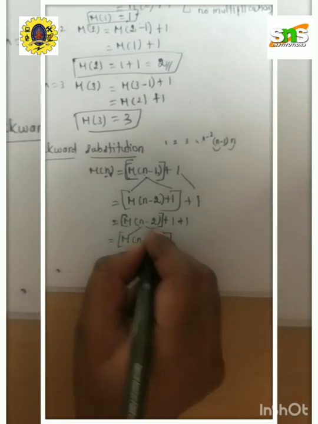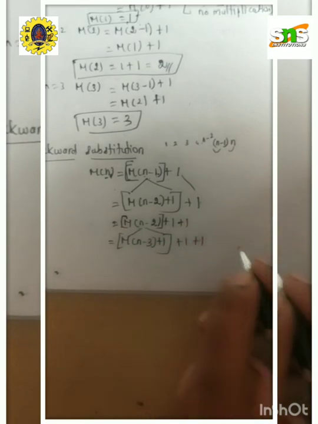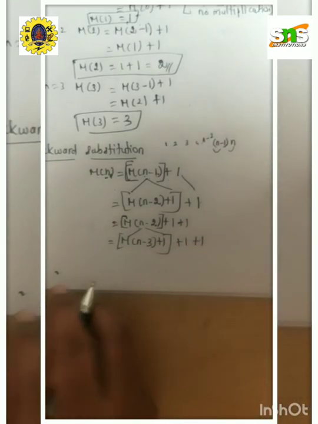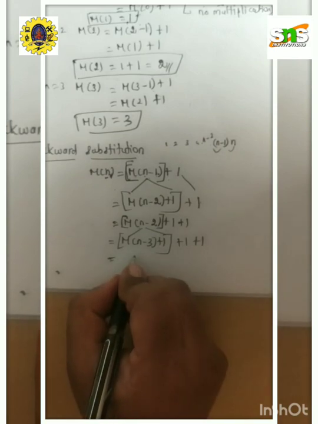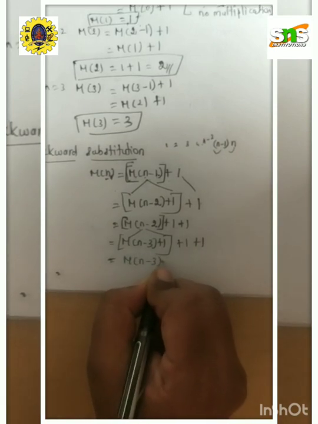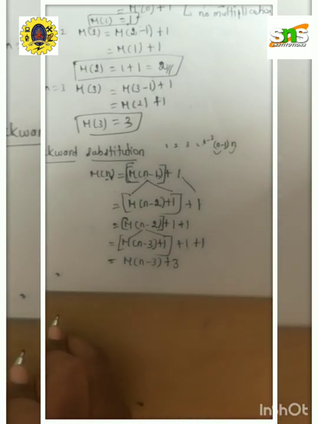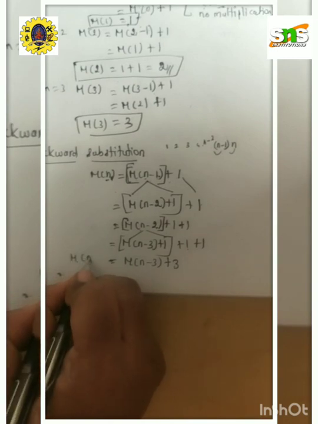So the whole term for this one, then again you have the 2 plus 1 and plus 1s here. So how can I write this? M of n minus 3 plus 1, 2, 3. This is m of n.